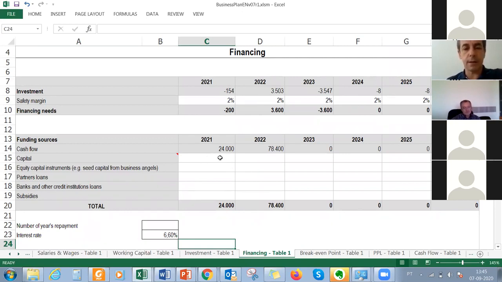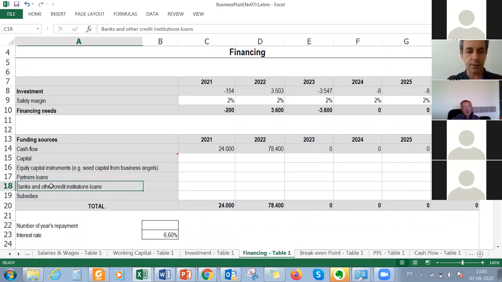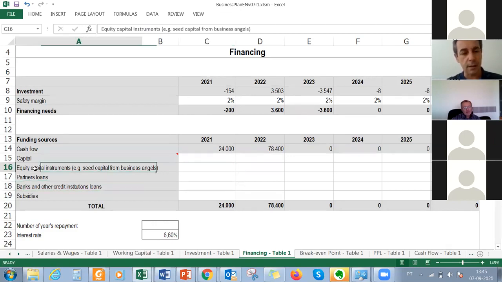There will be an initial capital, so people putting money in for the business to start. They could go to a bank and ask for a loan. Or they will have investors who will take part of the capital.